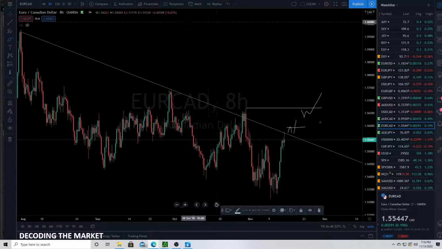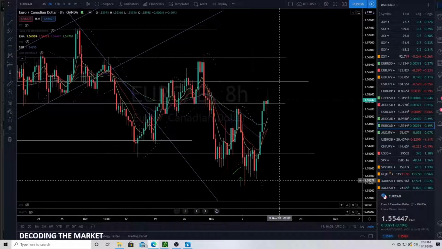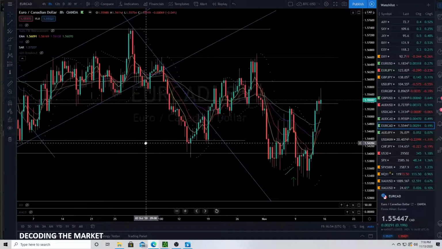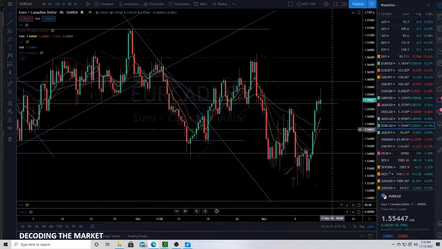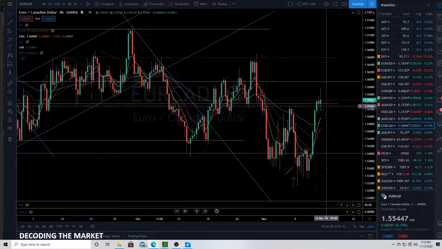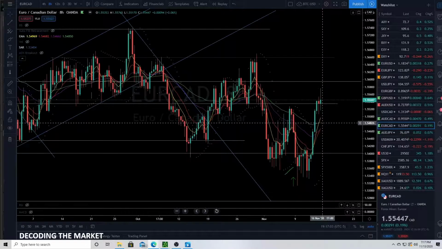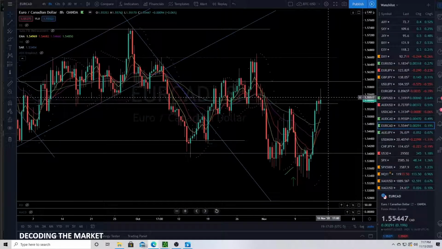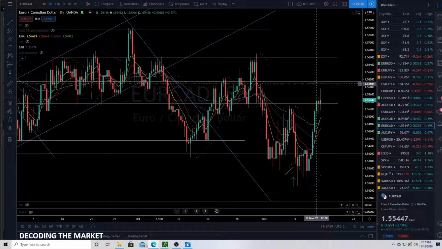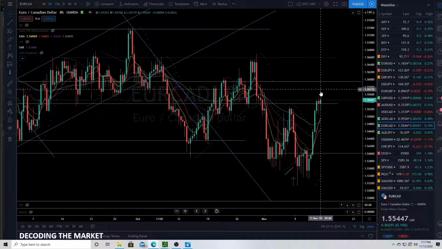Let's take a look with more indicators right here. Like I said, it looks like the price is bullish right now, and maybe, if you notice, it didn't touch this resistance, but it was kind of close.